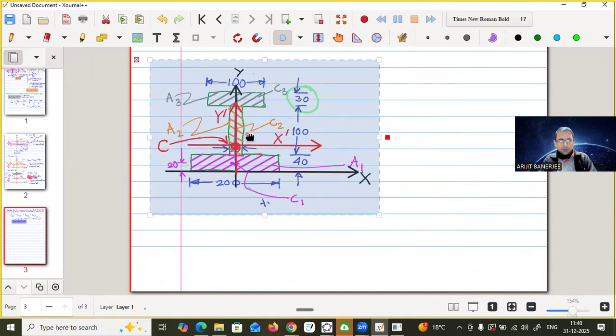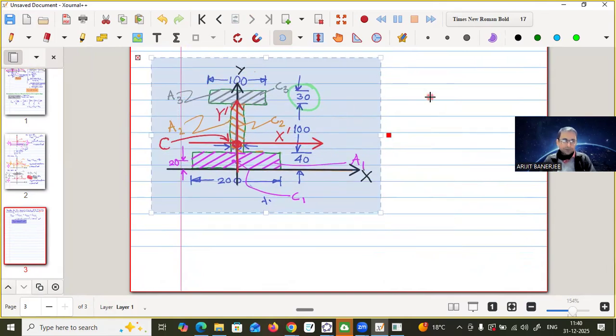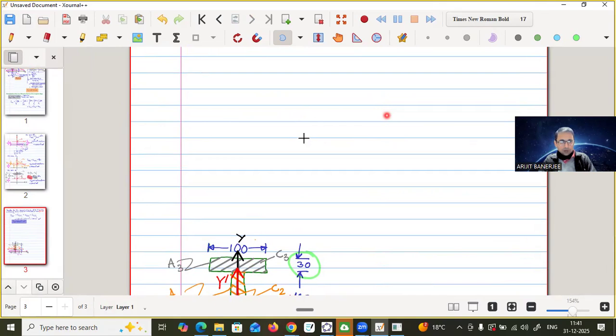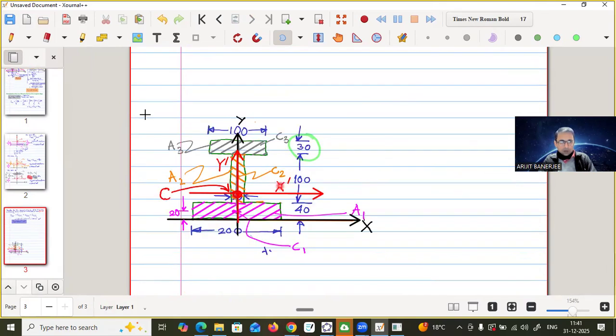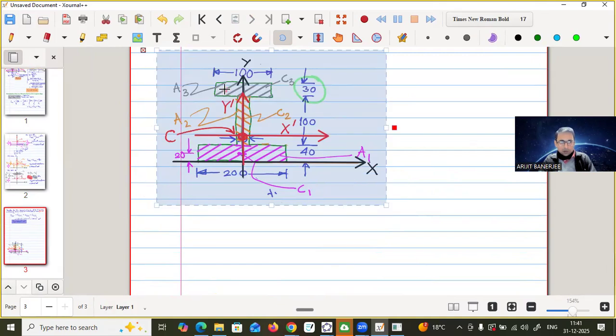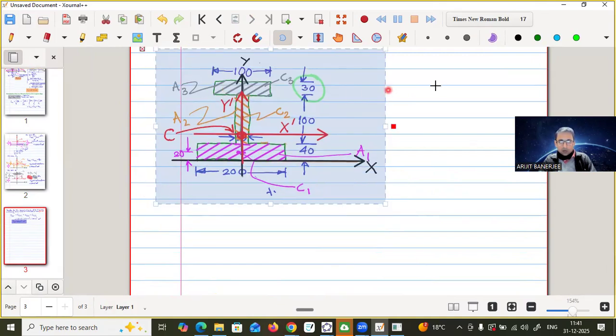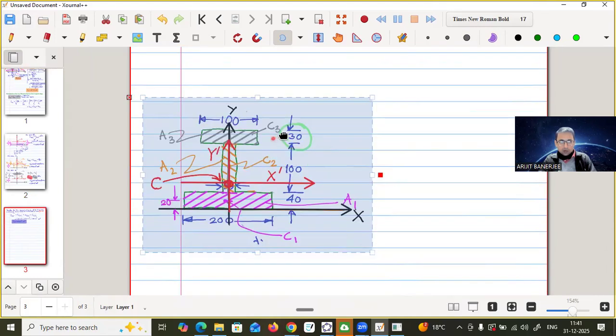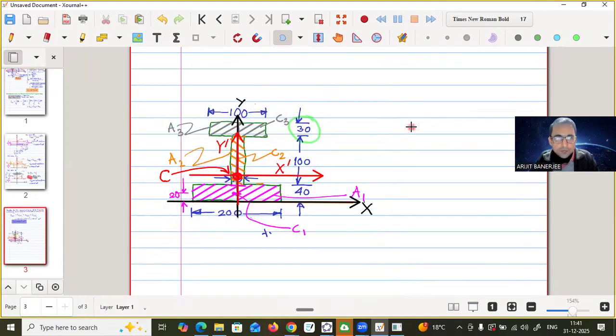Okay. So what we will do basically, we know all the lengths. Instead, I will take a strip like this.